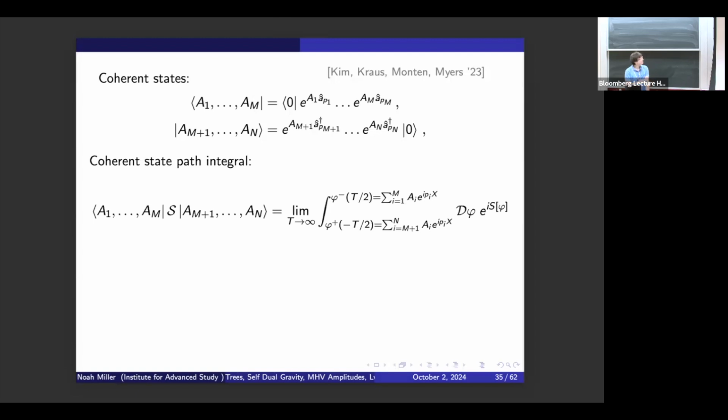If you want to compute an S-matrix element of coherent states, the positive and negative frequency parts specify your initial and final data. The positive frequency part specifies your initial data, and the negative frequency part specifies your final data.